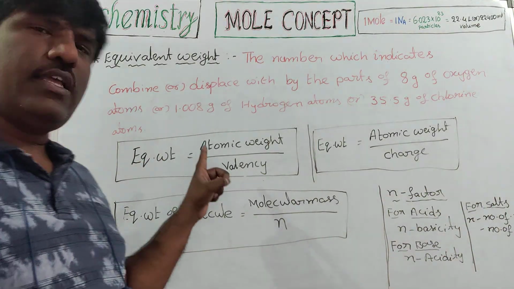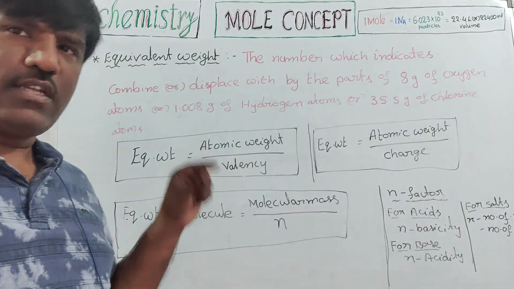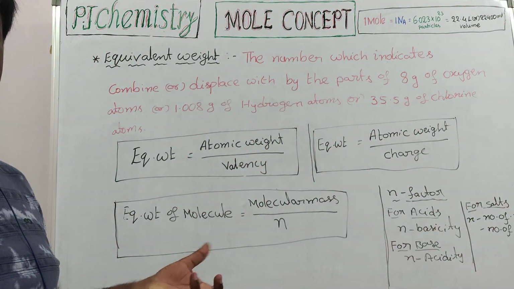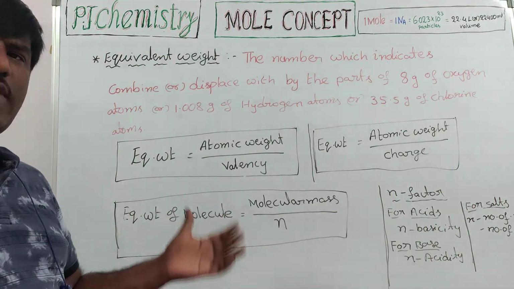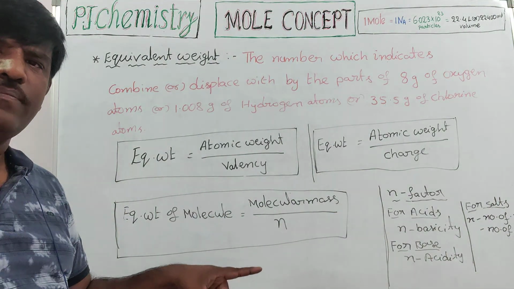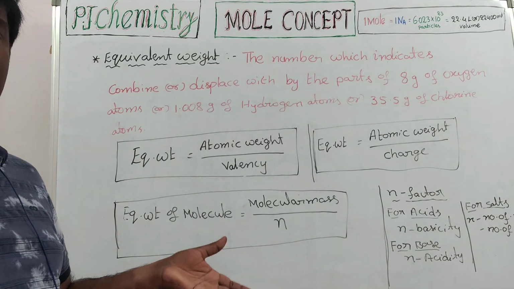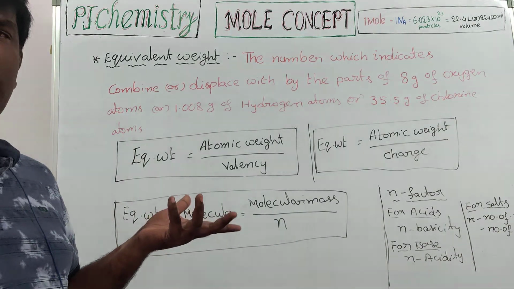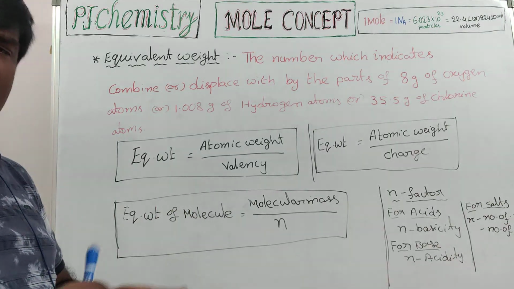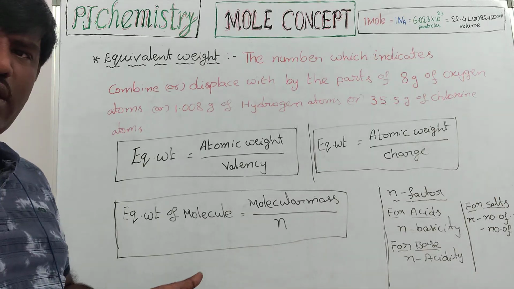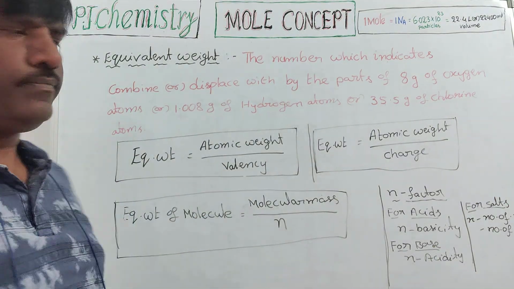N factor means either valency or charge, or if the molecule is an acid, we find the basicity. If the molecule is a base, we find the acidity. If the molecule is a salt, because a salt is formed by a cation and an anion, the number of positive charges and the number of negative charges are equal, so we take that as the n factor.